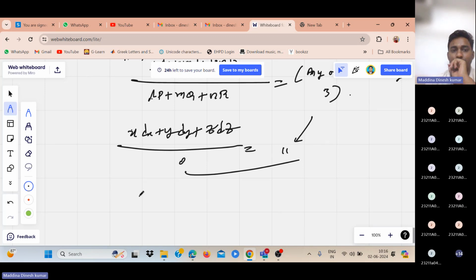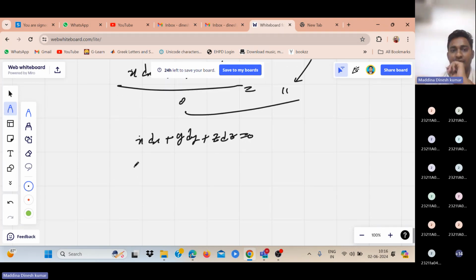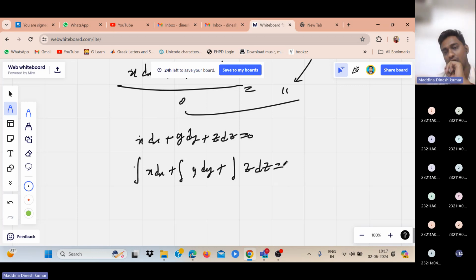Then you will get x dx plus y dy plus z dz equal to 0. Now applying integration, you will get integral x dx plus integral y dy plus integral z dz. Some constant will come now. Generally we write it after integration, but initially also you can write it. That constant I am going to assume as some p1.